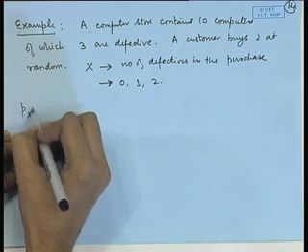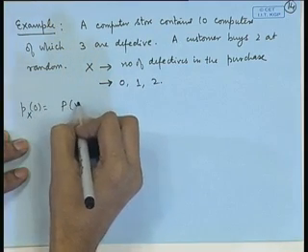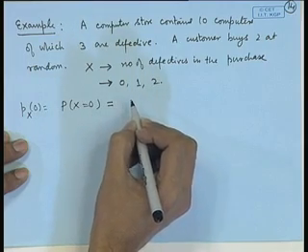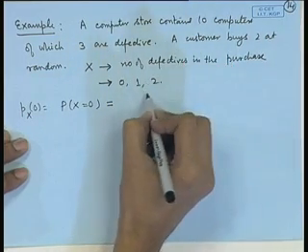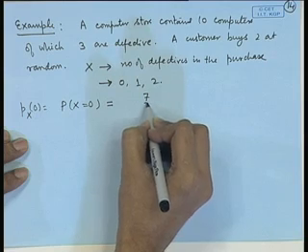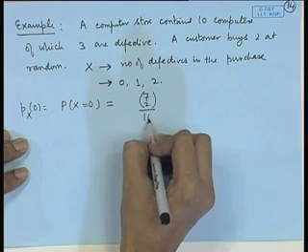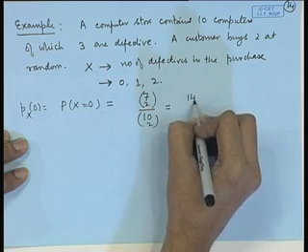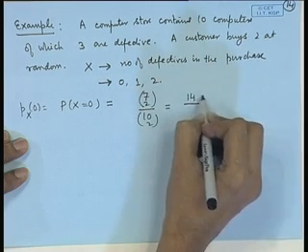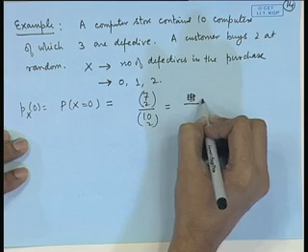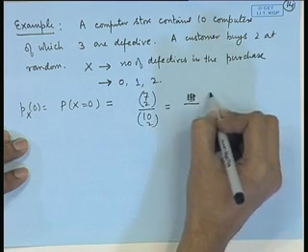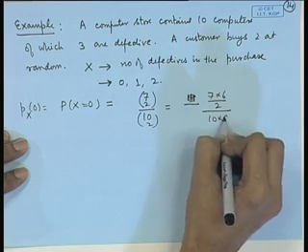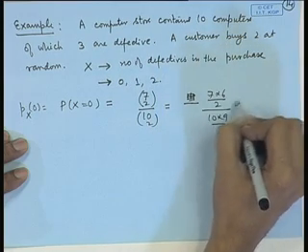So what is P(X=0)? Now this event corresponds to choosing 2 out of the 7 good ones, divided by 10 C 2. So it is 7 into 6 by 2 divided by 10 into 9 by 2.